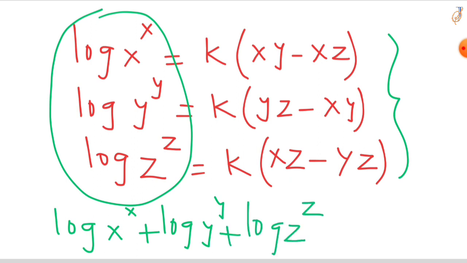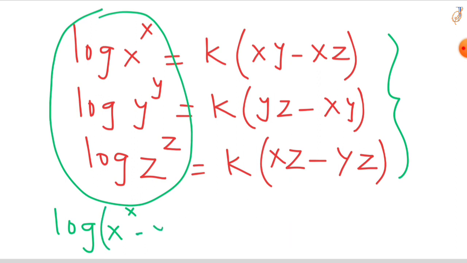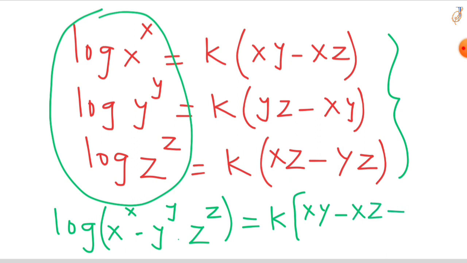Using one of the log properties, we can write this as log of x power x, y power y, z power z, that is equal to k times xy minus xz plus yz minus xy plus xz minus yz.